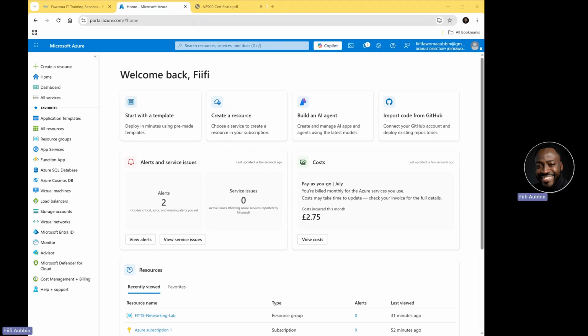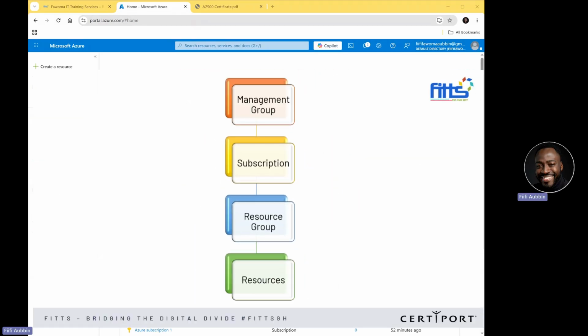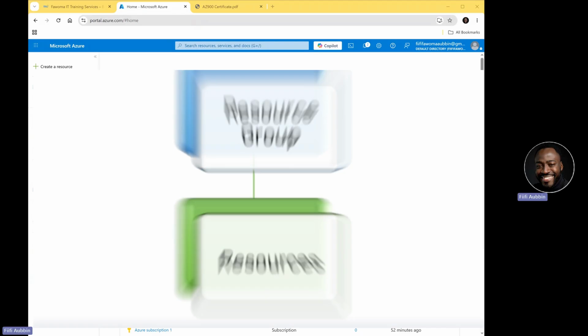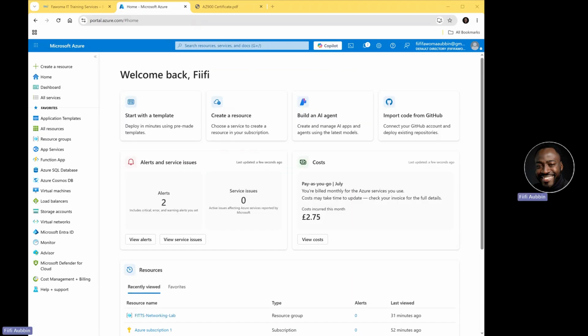And Azure works exactly the same way, like an organogram. So instead of offices and departments, Azure uses management groups, subscriptions, resource groups, and resources. If you understand this hierarchy, Azure suddenly becomes much easier to understand.